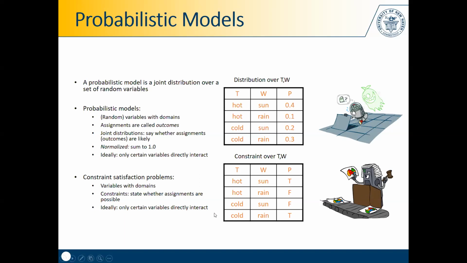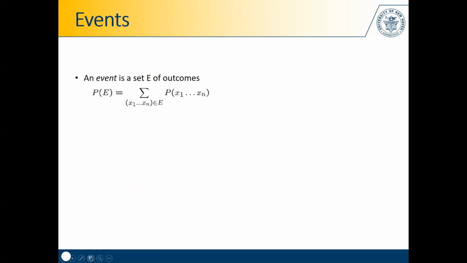So some of these assignments, some of these outcomes, may actually be of lower probability. For example, the probability of the temperature being hot and the weather being rainy can be very low. So ideally, we can take this out of the equation and make the table smaller.